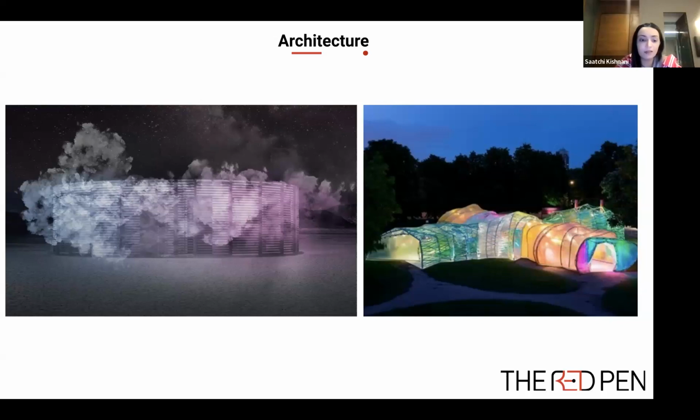On the left, it's basically a bathhouse that was constructed for the Burning Man Festival in California. They thought of the natural fog that emanates at around that time, and how lighting can create this experiential value. Similarly, the Serpentine Pavilion in London on the right.